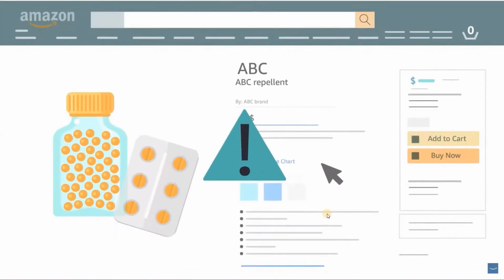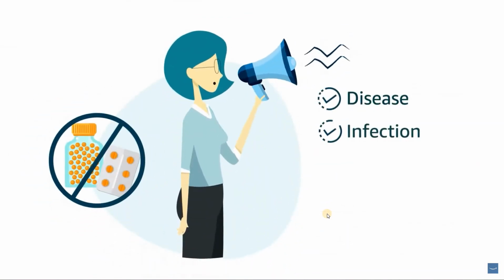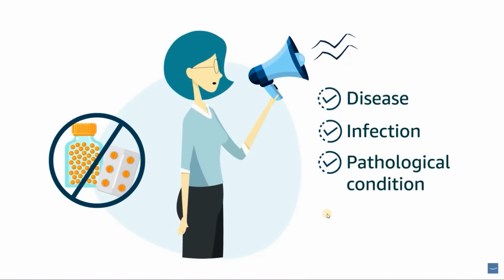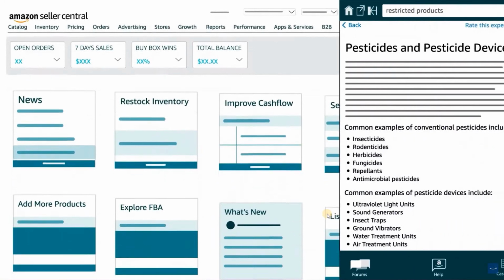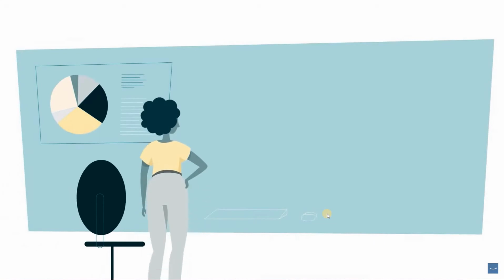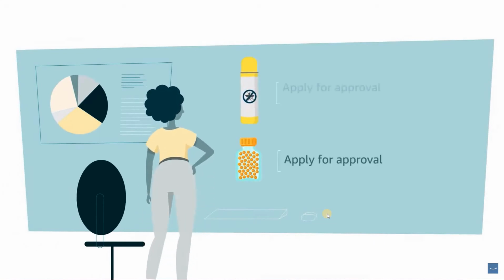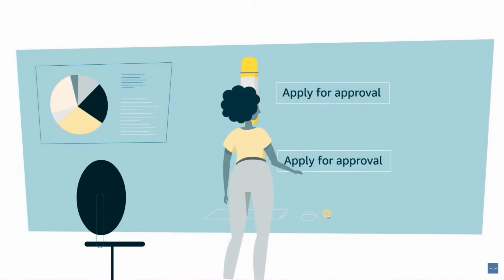For example, Amazon prohibits the sale of any product that is marketed to control or mitigate any disease, infection, or pathological condition. For more examples of prohibited listings, refer to the help page on pesticides and pesticide devices in your Seller Central portal. If a selling partner wishes to sell pesticides and pesticide devices on Amazon, you must first apply for approval to sell these products.